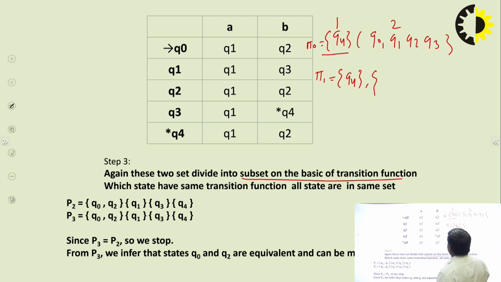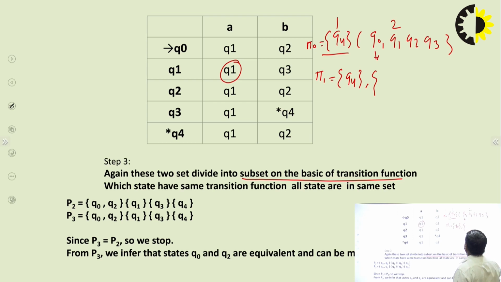Now, what is the transition function of Q1? Q1 on A is again Q1, which lies in the same set. Q1 on B is Q3, which lies in the same set.